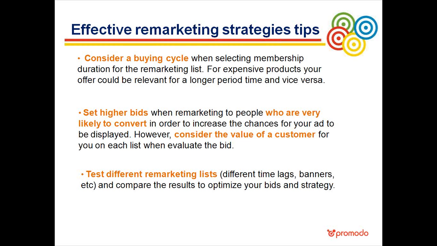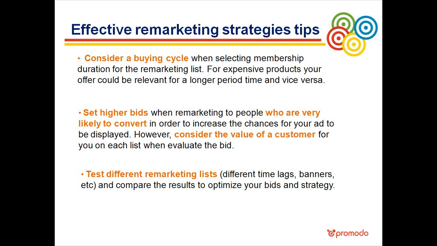Also, you can set up higher bids if you are going to remarket to people who are very likely to convert on your website. For example, people who abandoned shopping carts, a very widespread problem. They are very likely to convert on your website, so you might want to set higher bids for this kind of audience, but always consider the value of a customer, because finally you still need to get the benefit from this advertising feature.